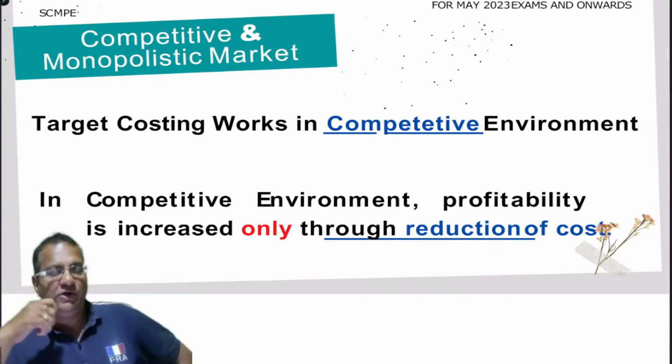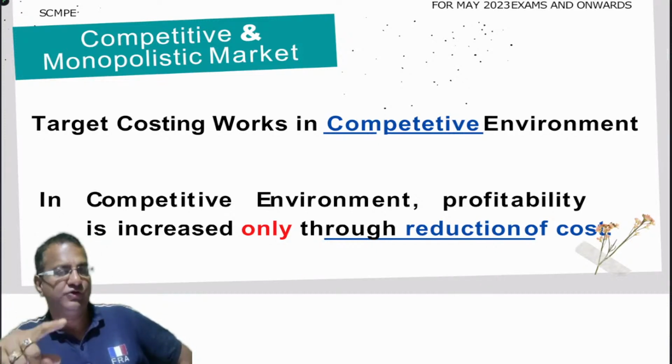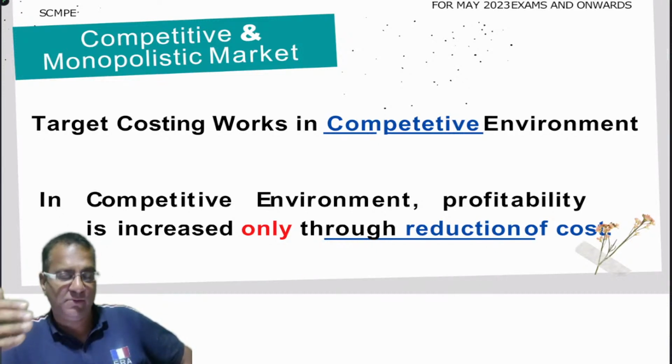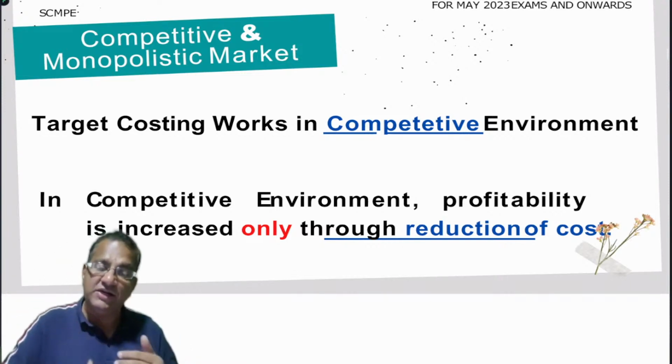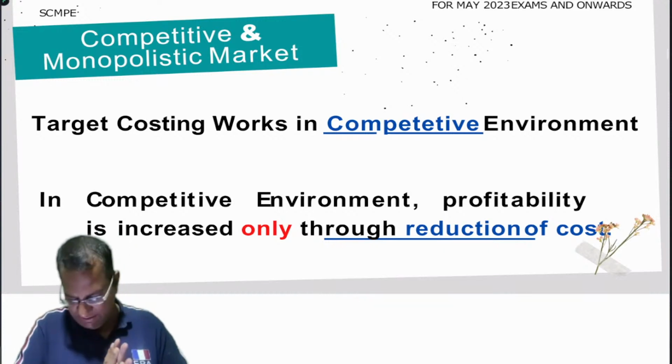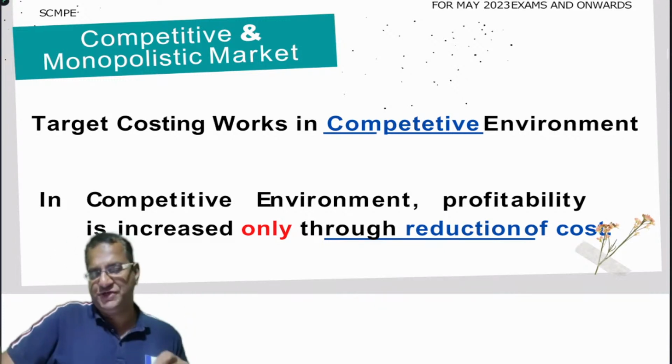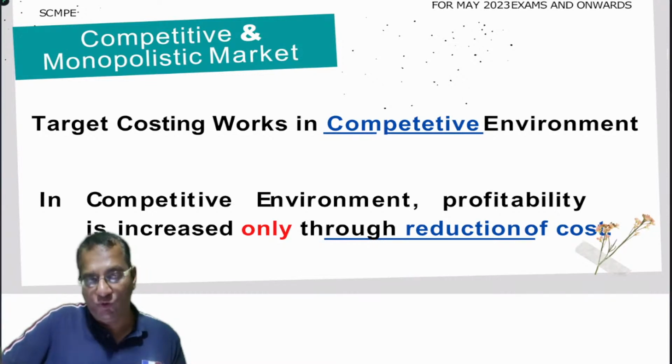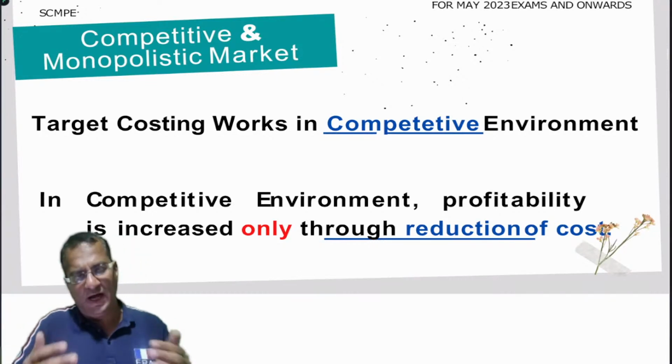Now just think about these two alternatives. The first alternative is to increase the sale price, thereby the total profit can be increased. The second alternative is to increase the volume of the product so that our total profit can increase. Now, why will these two situations not be applicable in a competitive environment? Just think over it, beta. Don't answer to me.